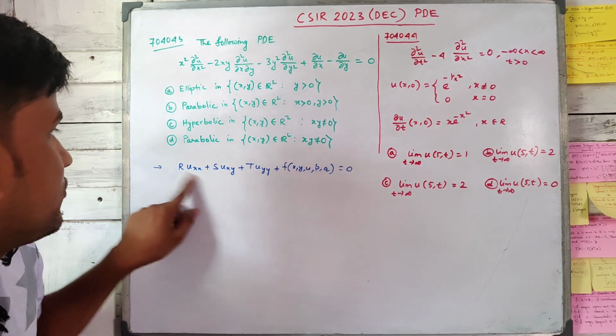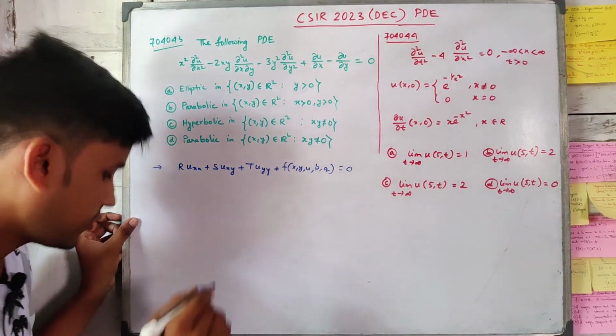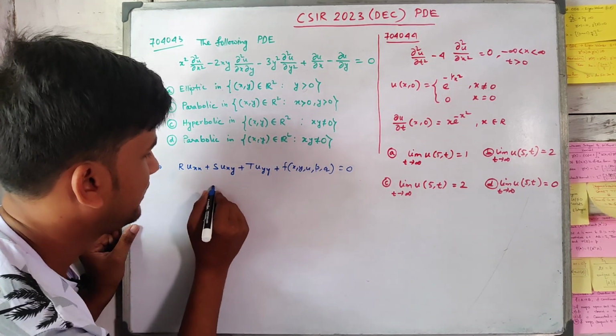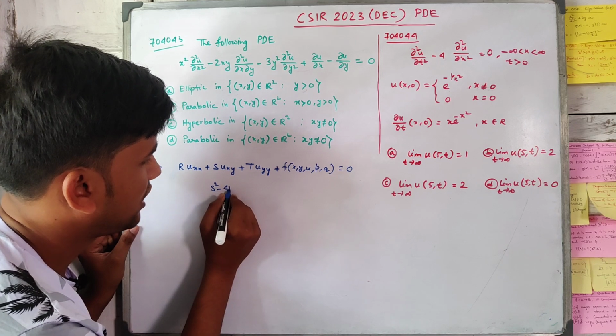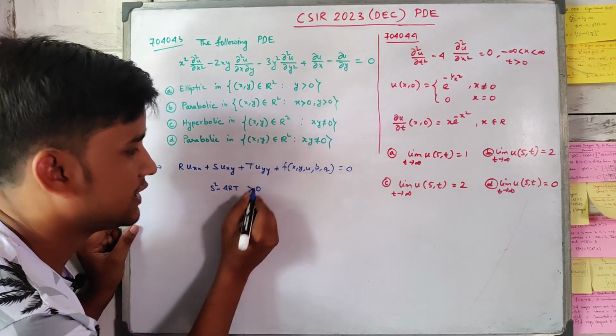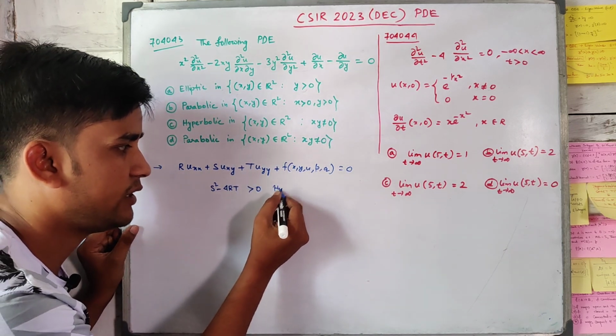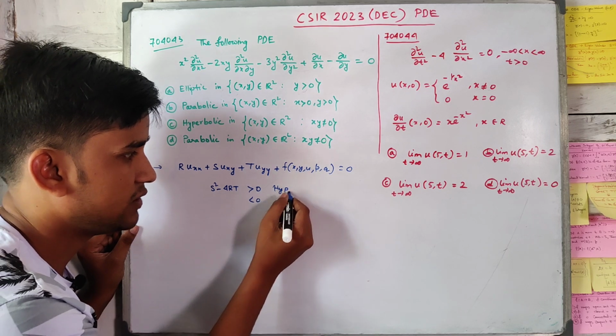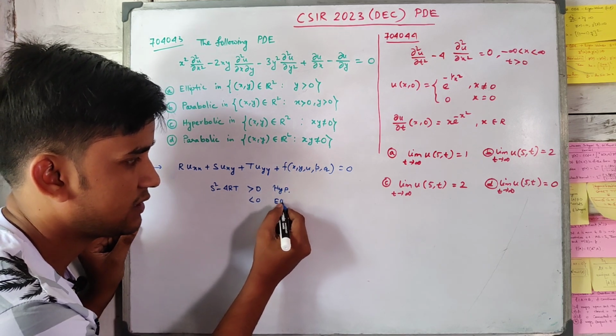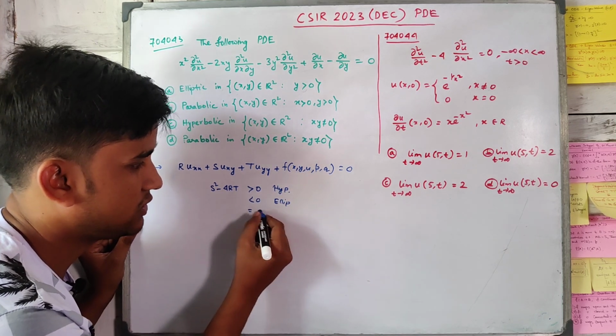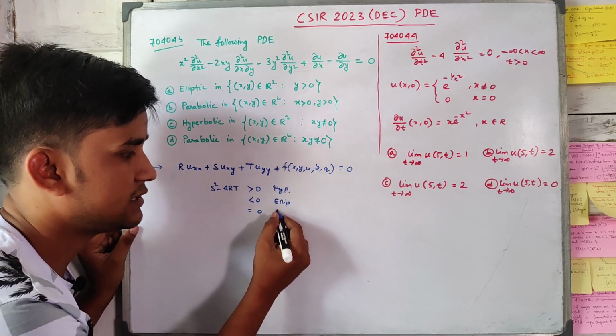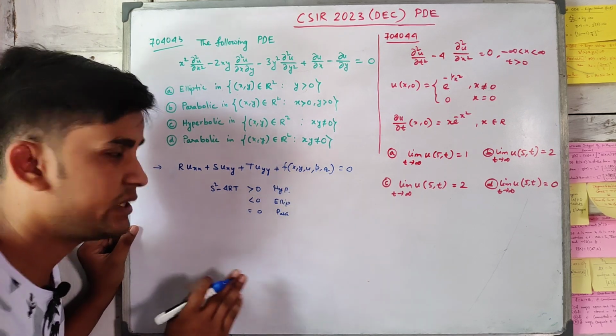If we write the standard form, then we just have to find the value of S square minus 4RT. If this is greater than 0, you all know this is hyperbolic. If this is less than 0, then this is elliptic, and if it is equal to 0, then this is parabolic in the given region.